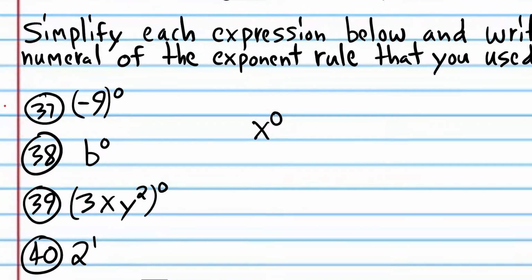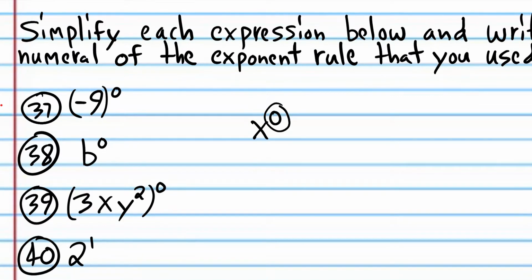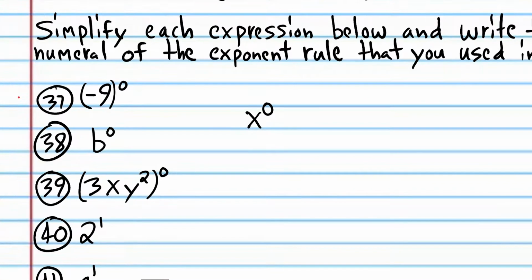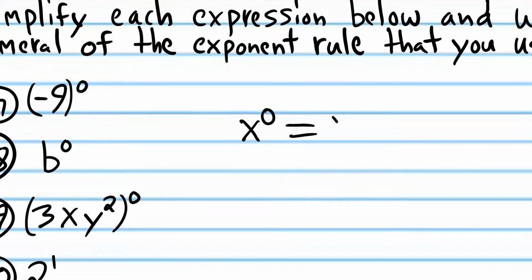What is that telling you to do? Well, this has no direct meaning. It has no operational meaning that correlates with the exponents that we've studied so far, like x squared is x times x. This is not telling us to do anything. A lot of students would say, oh, that means x times 0.